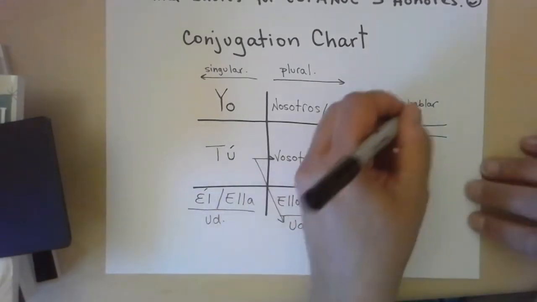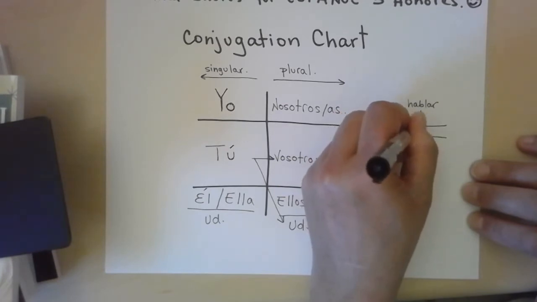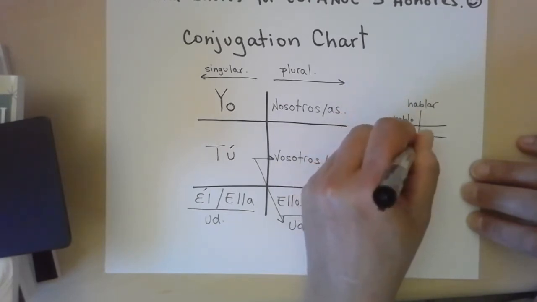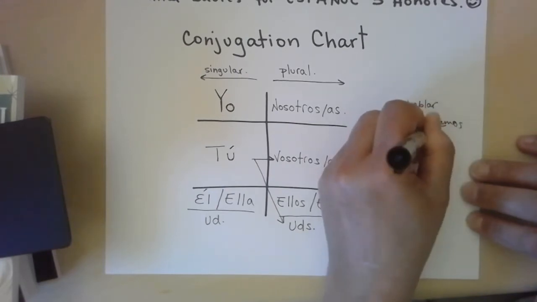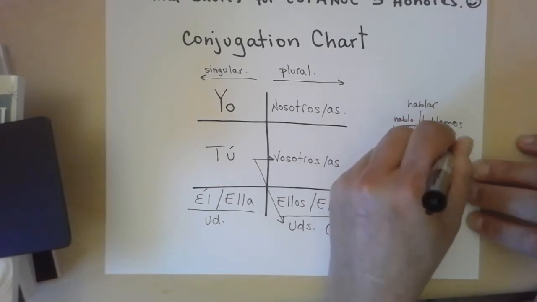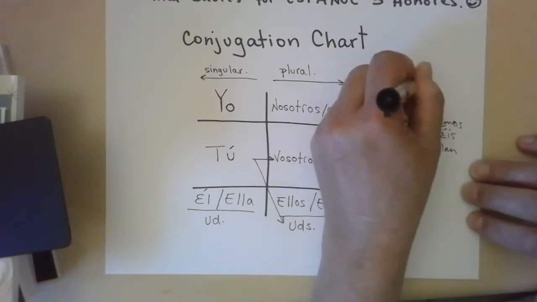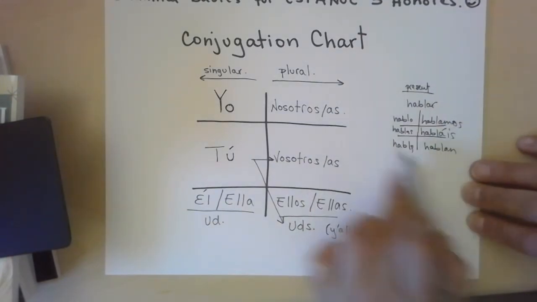More or less, if I go, yo hablo, tú hablas, él habla, hablamos, habláis, y hablan, which is in the present. See, it's the now. That's what that's going to mean.